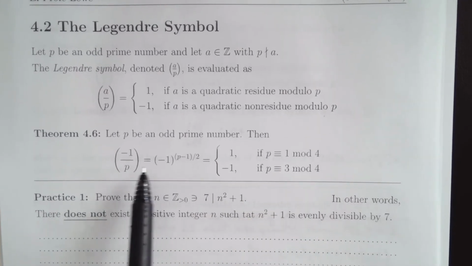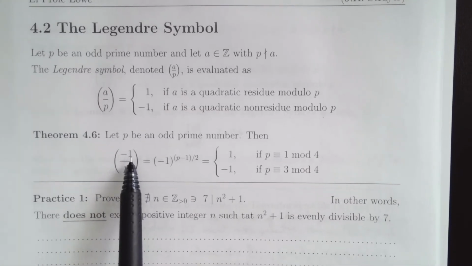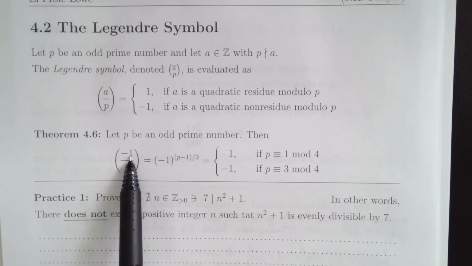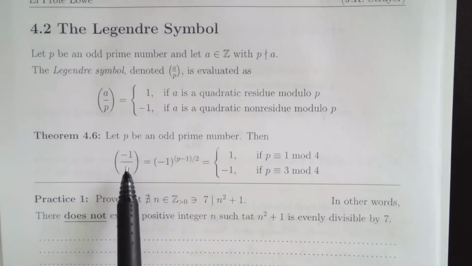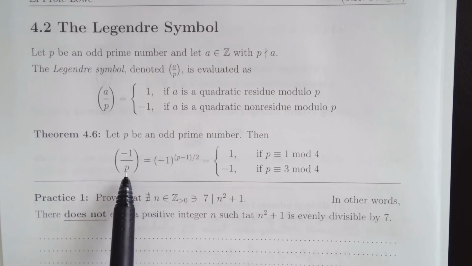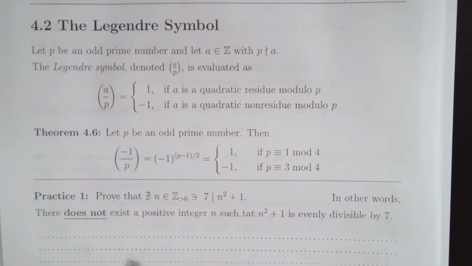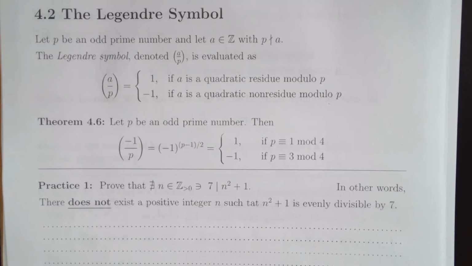So in other words, we're trying to say, hey, is it possible to have a quadratic remainder of p minus 1 for some odd prime number p? Okay. So let's see how this can be used here.